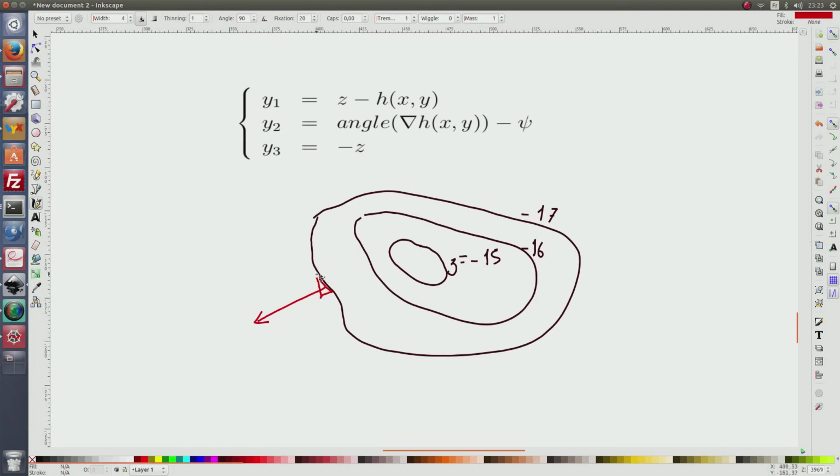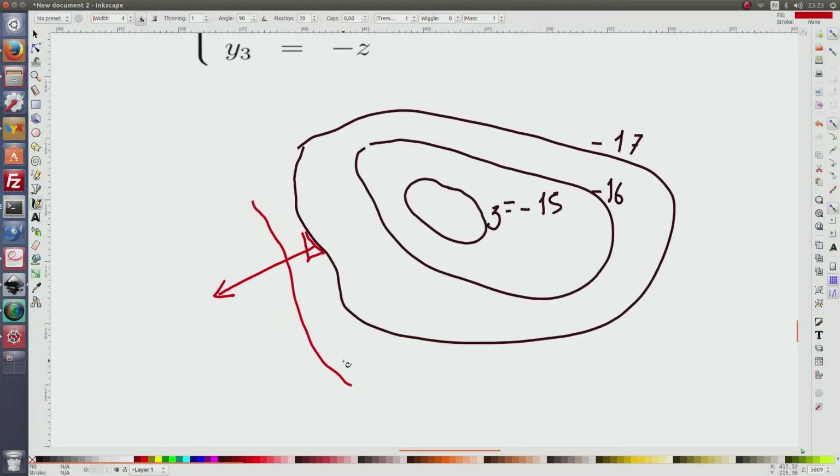The robot will be able to see that on the left it will increase. Indeed, it will increase, since here I will have minus 14. So this is the gradient, and the robot has a heading which corresponds to psi.